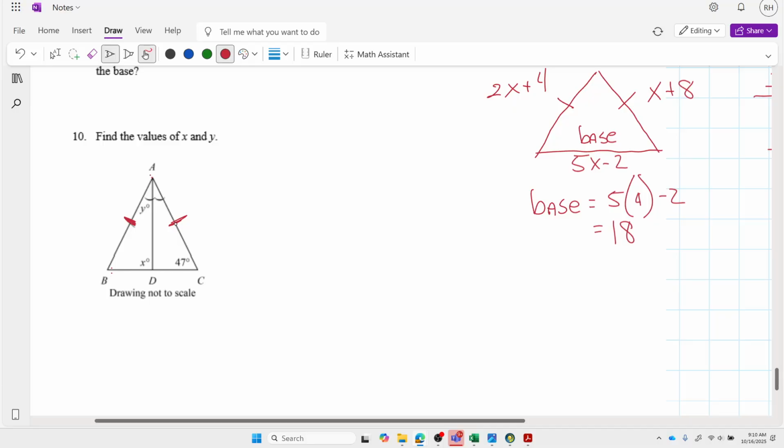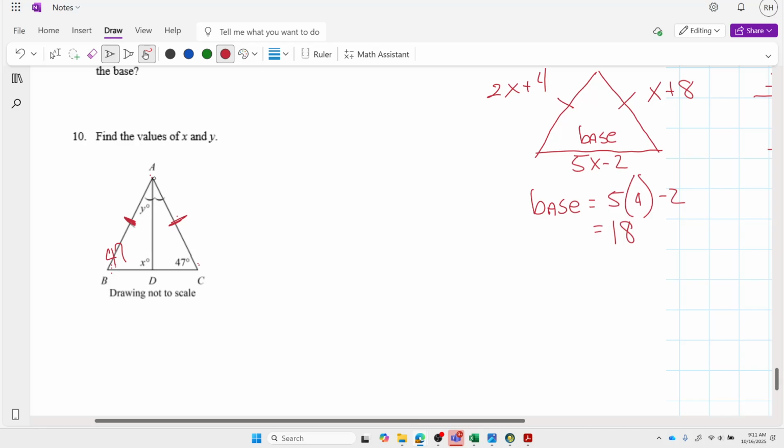Triangle ABC. So if these two sides are congruent, these two angles are congruent. So angle C is 47. That makes angle B 47 as well. Angle B is 47 degrees.